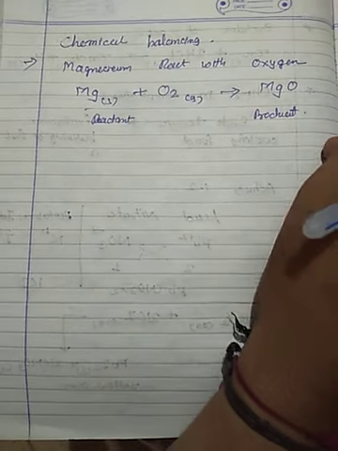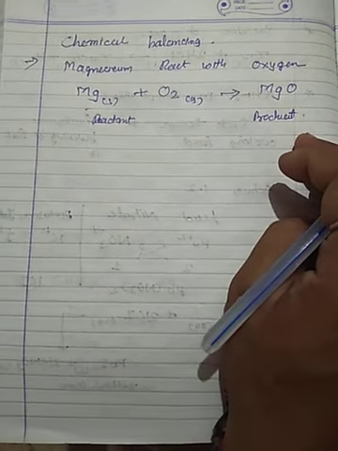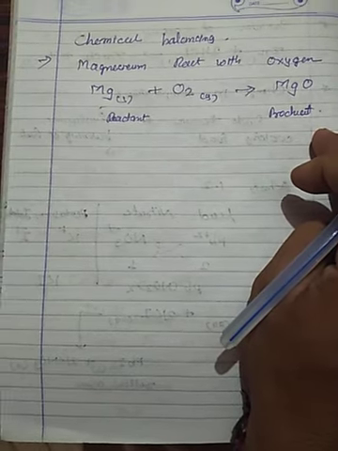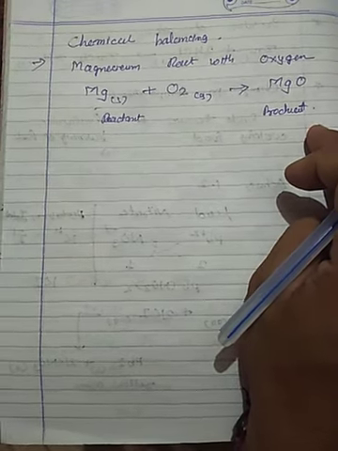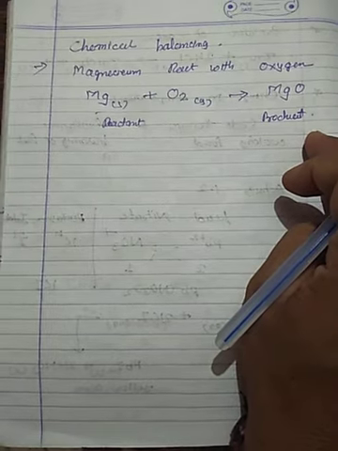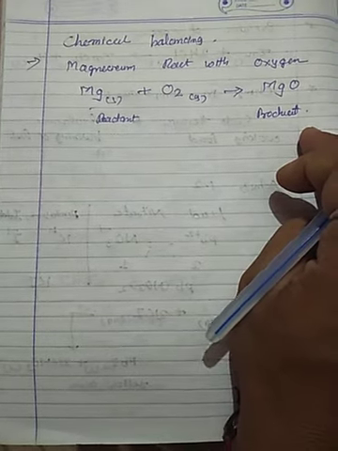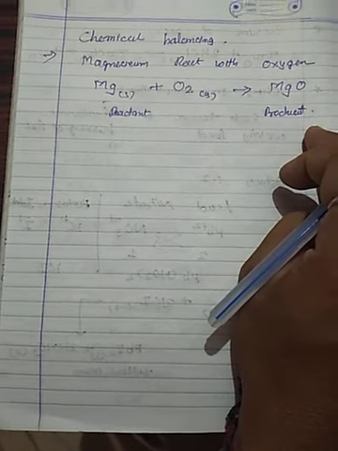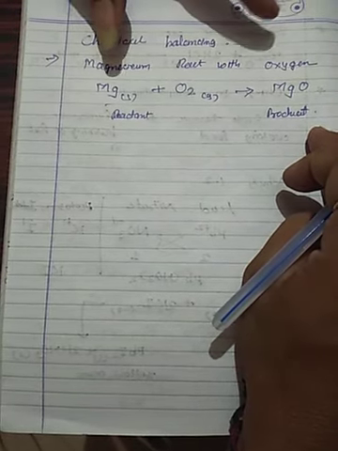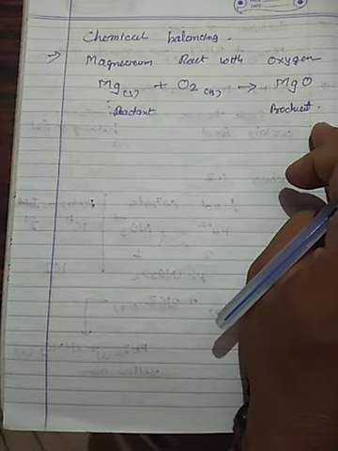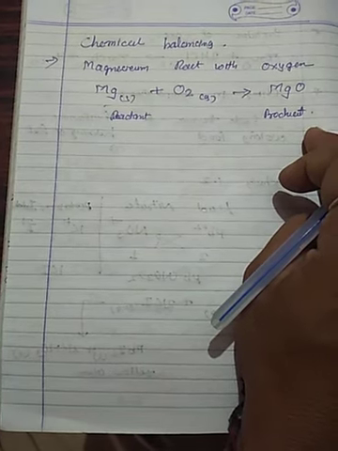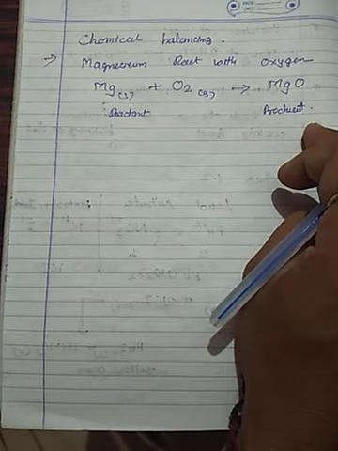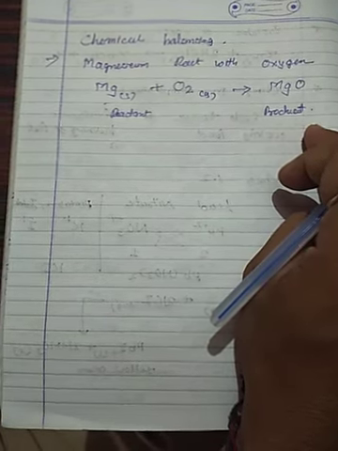Now the question arises, how is this MgO formed? In standard 9 we have learned that magnesium has plus 2 valency, oxygen has minus 2 valency, so MgO is formed. Now when we are going to do the balancing, we must take care that the number of atoms present on the reactant side and the number of atoms on the product side must be equal.